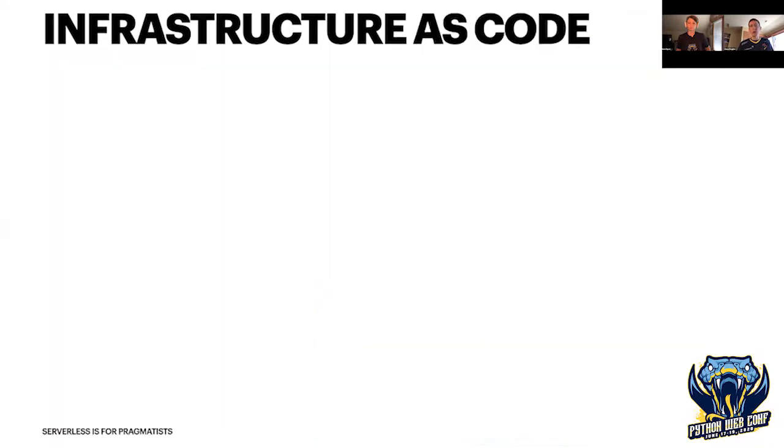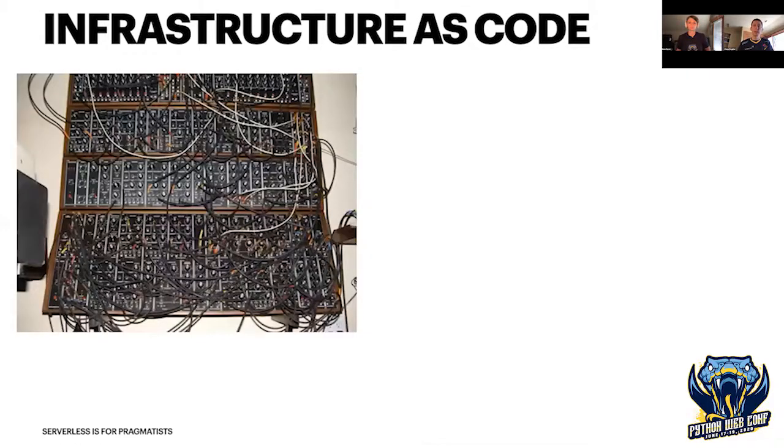Similar to how a synthesizer might be patched together with patch cables. And you could make this work for one system, but then when you want to collaborate with other people on your team, if you go and take something like the synthesizer, and you said, go and replicate this, there would be a lot of errors, most likely.